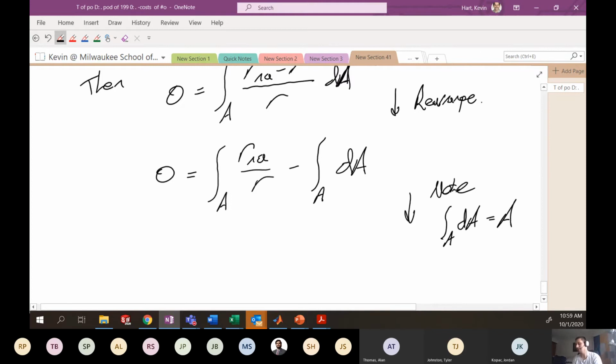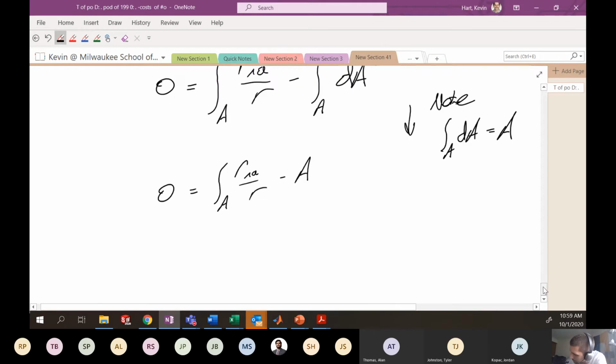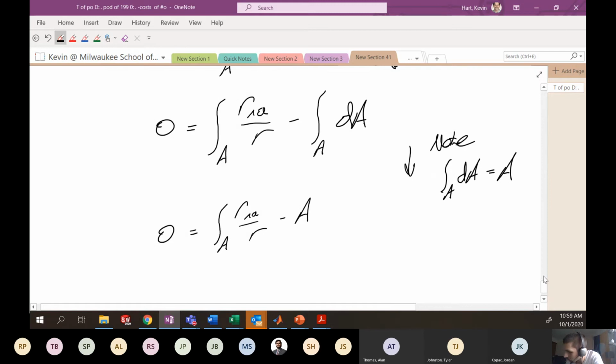First fundamental theorem of calculus. And I'm missing that dA here, sorry.